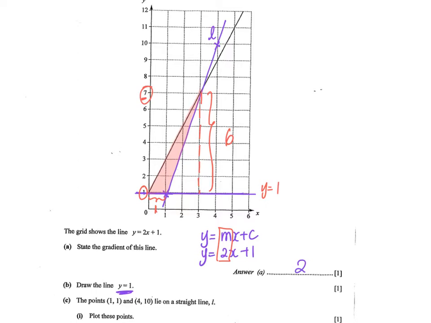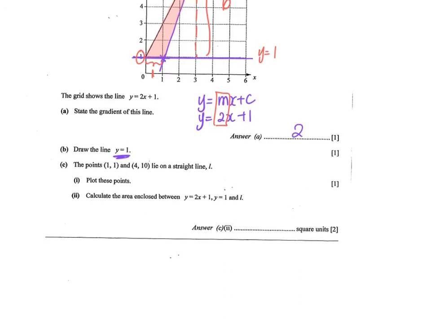So the area of the triangle enclosed is half times base times height: half times 1 times 6. So that will give you 3 units squared. 3 square units. Have you gotten the answer?